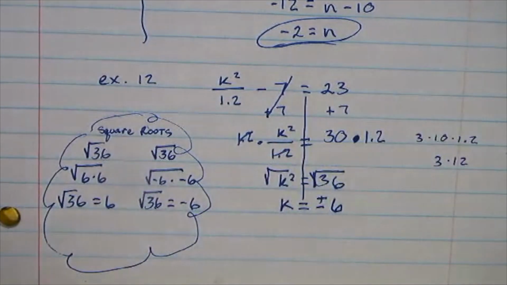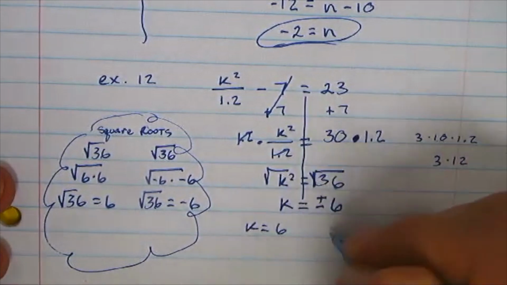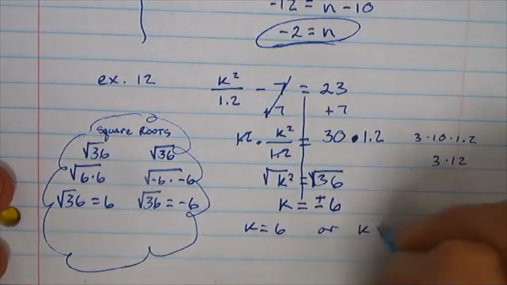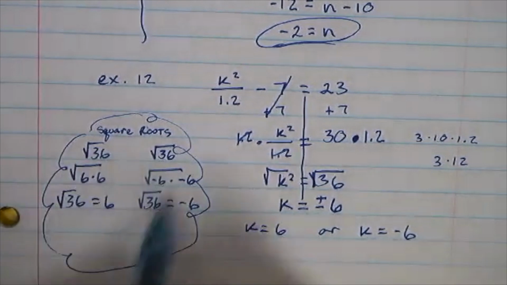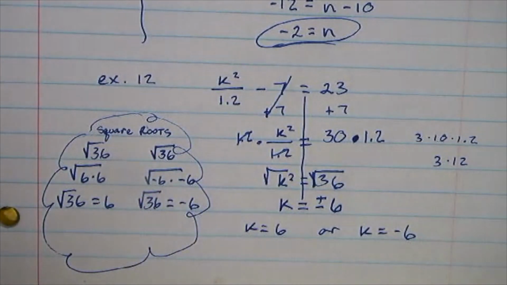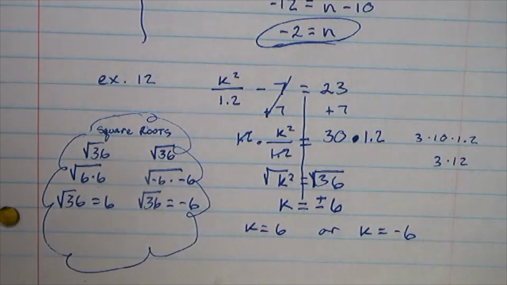And if you want to, you can write it out as k equals 6 or k equals negative 6 if you need it separated. That's just because we introduced that square root, and square roots, because they are an even number of factors, can be positive or negative.